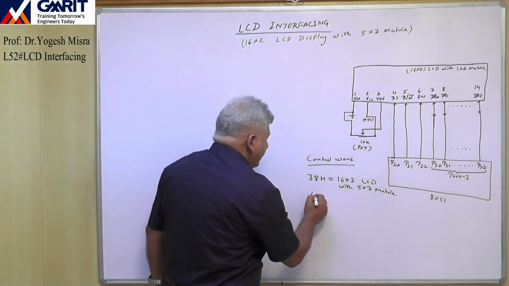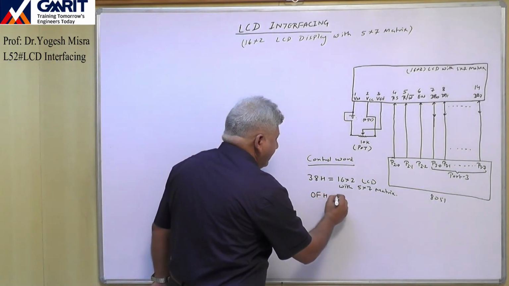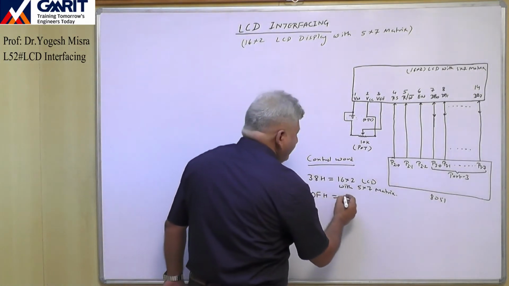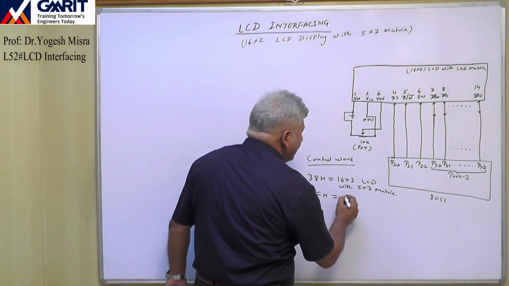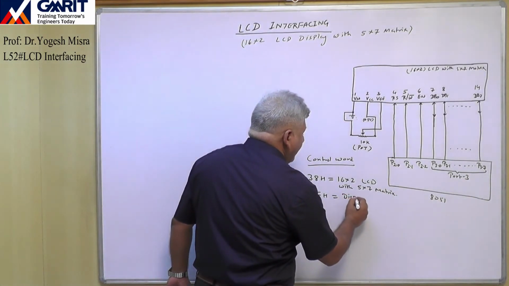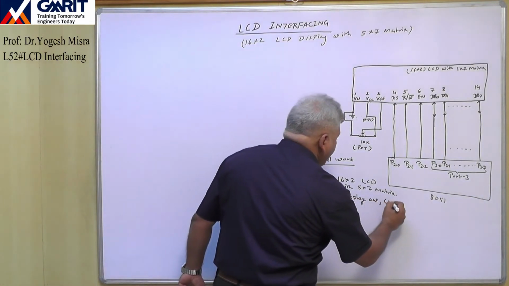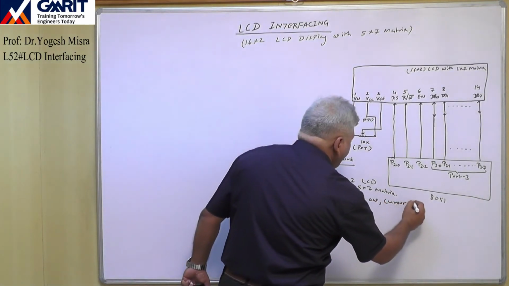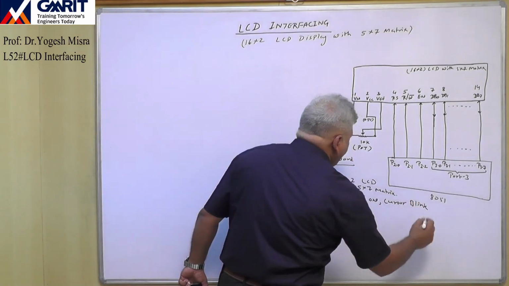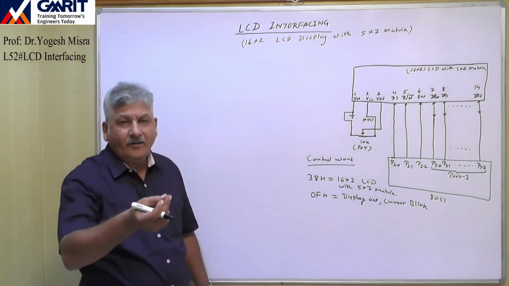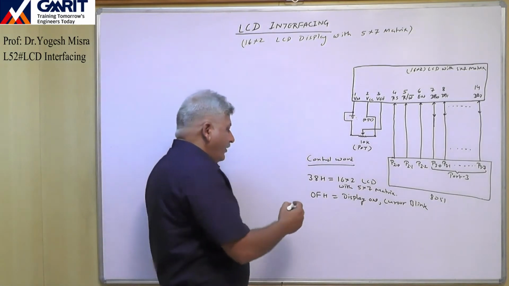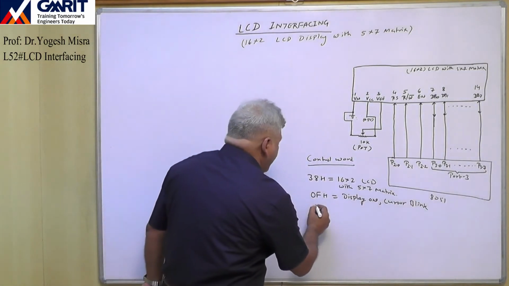Now there is another control word, 0FH. It is used for display on, cursor blink. The display is on and the cursor will blink. One control word is 81H.